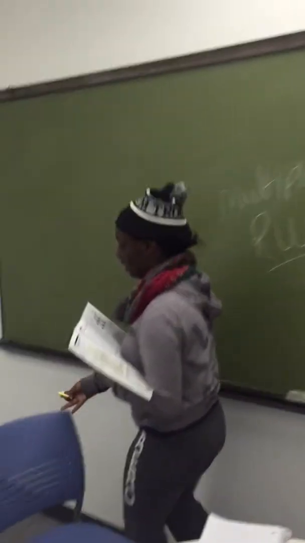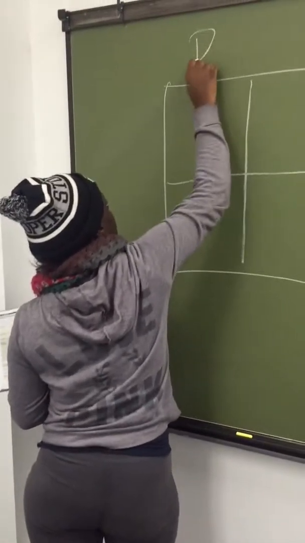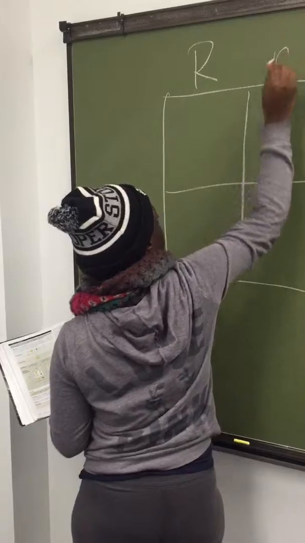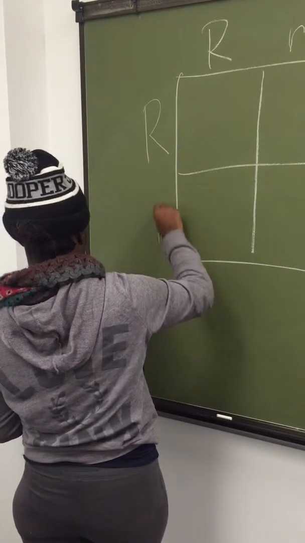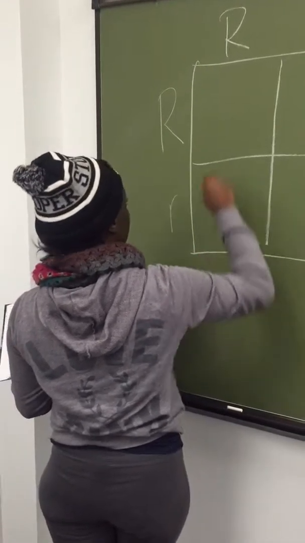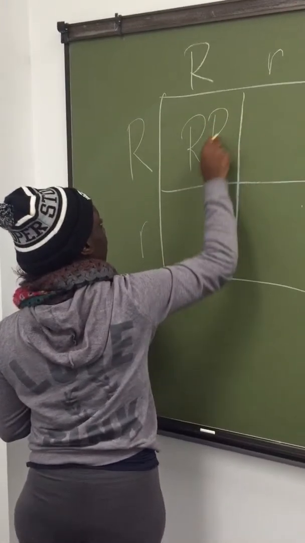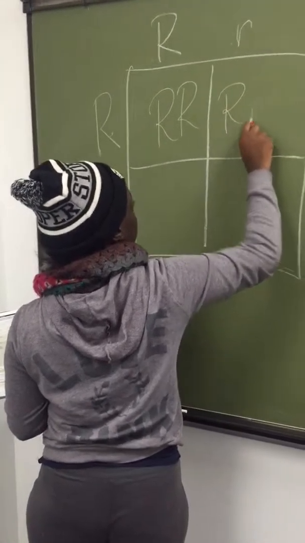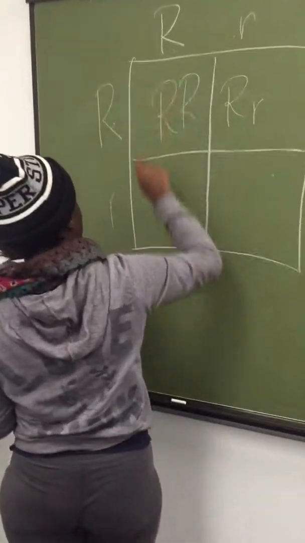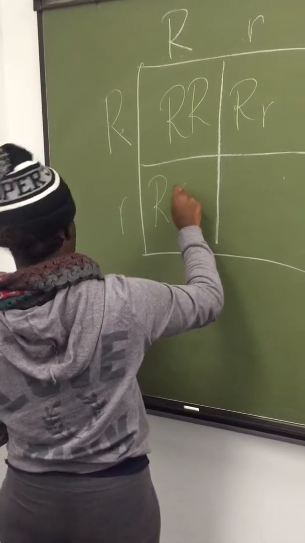I'm going to demonstrate it down here. Here we have a Punnett square. That's the box. Got a big R, little r. Got a big R, little r. Then you have big R. That's this times this, makes big R, little r. This times this makes big R, little r.